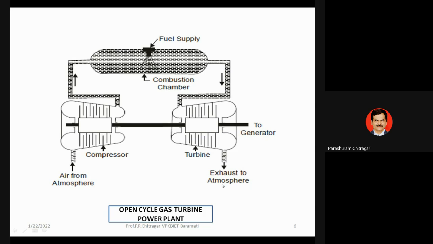In simple terms, consider the amount of air we are taking. For all thermodynamic cycles, we analyze for 1 kg of mass. For example, if you take 1 kg of air from the atmosphere, that air does work over here, and only some nominal amount of fuel is added to it, let us say 10 gram.